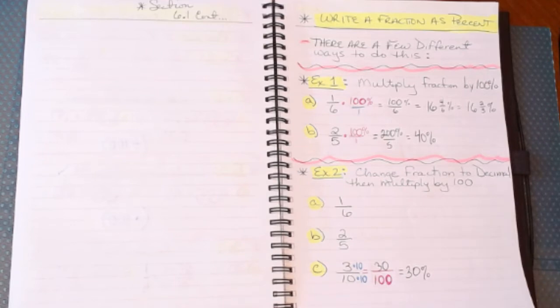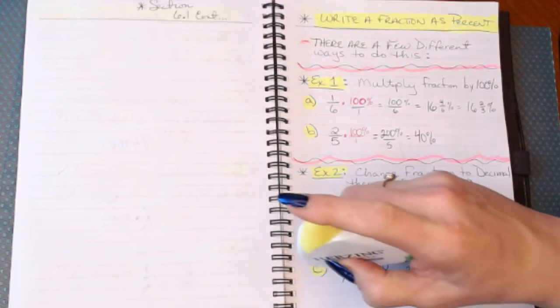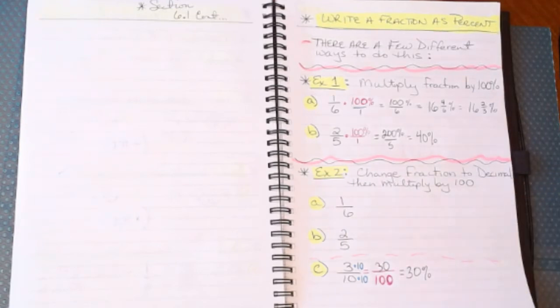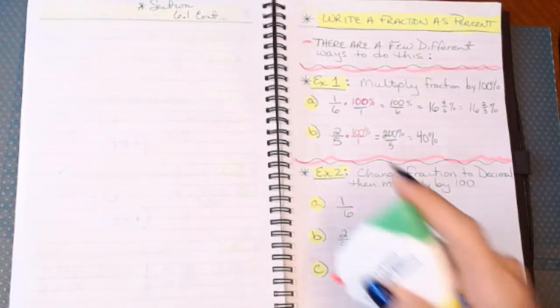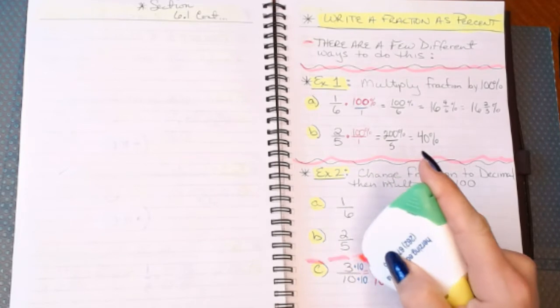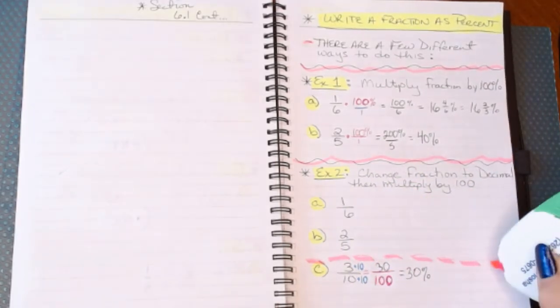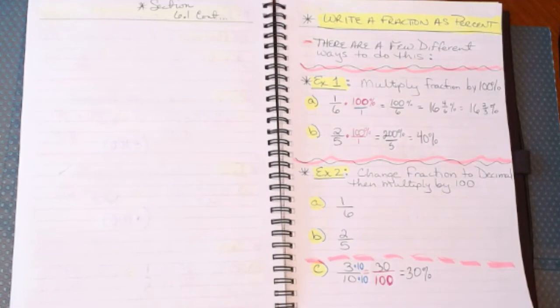I apologize. I'm going to kind of separate this one so nobody freaks out because it's a little bit different than what the direction said. I just wanted to point out the fact that we can totally do this, and it's important that you can identify problems that you can do easier, quicker, simpler, right?